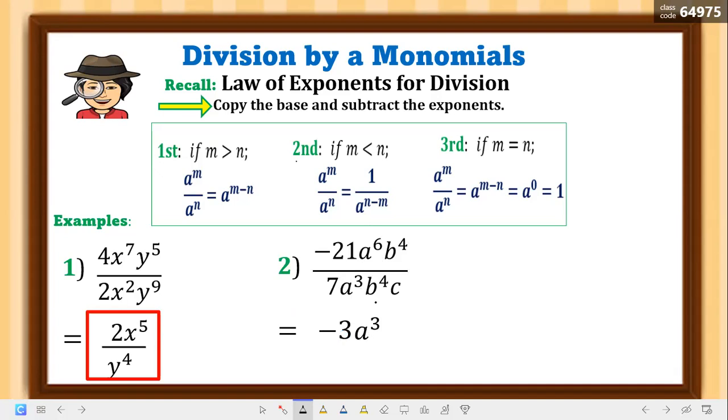Dito tayo sa B. What are we going to do with the B raised to 4 over B raised to 4? Cancel po. Yes, cancel na po siya kasi remember case number 3, zero, A raised to 0 is equivalent to 1. Kaya cancel na po yan. Okay? And C, since wala naman tayong kaparehas na base sa numerator, i-bring down lang natin sa baba.